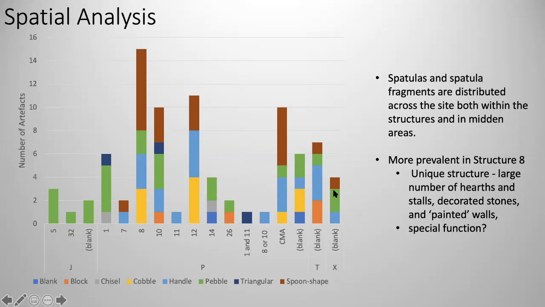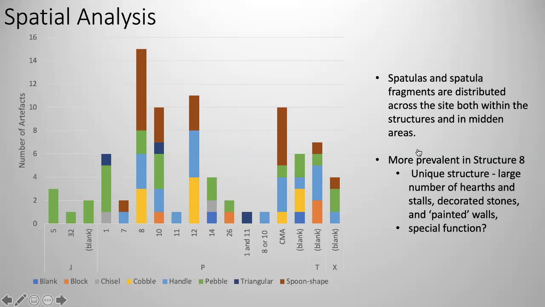So anyway, we'll take a look at this, and we see that the majority of the artifacts are within structures, the exception being the central midden area here. And then within the structures themselves, the spoon-shaped seem to predominantly be in structure 8, as we saw, 10, and 12.